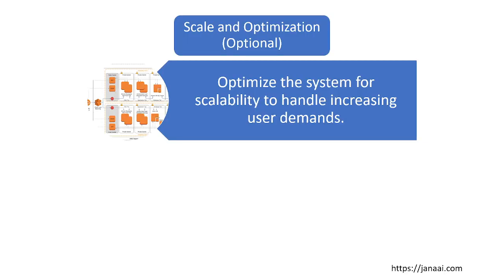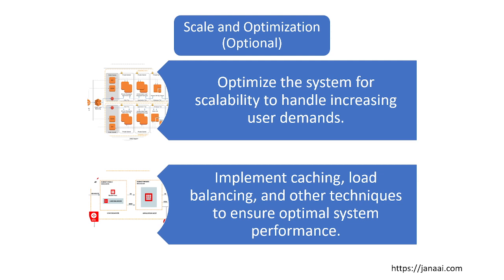And for scale and optimization, if your user data is high or your traffic is getting high, then you have to do auto scaling, scalability to handle the increasing user demands. Once you have deployed your application into production, running on OCI or Azure or AWS, many cloud providers offer auto scaling capability.